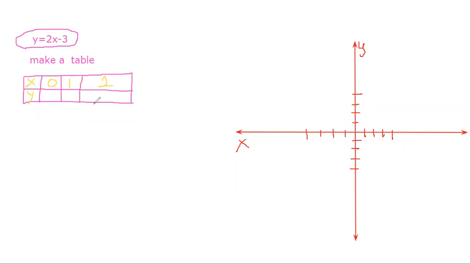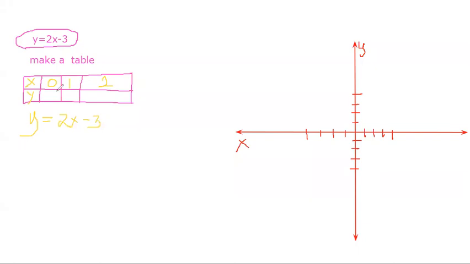Now, next is solve for the value of y. So get the equation: y is equal to 2x minus 3.